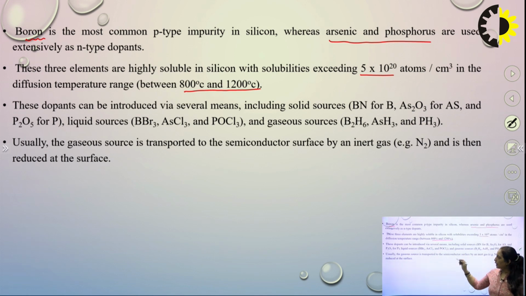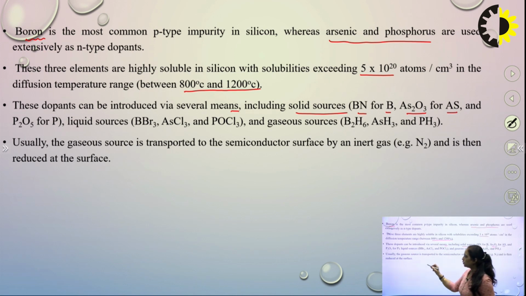These dopants can be introduced via several means, which include the solid sources BN for boron, As2O3 for arsenic, and P2O5 for phosphorus. The liquid sources are BBr3, AsCl3 and POCl3. This is for boron, arsenic, and this is for phosphorus.